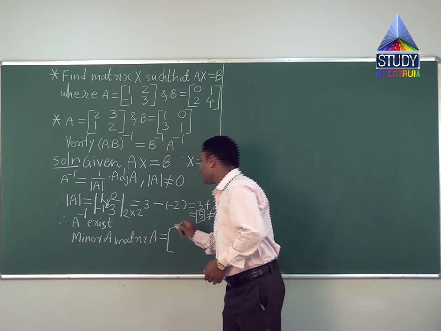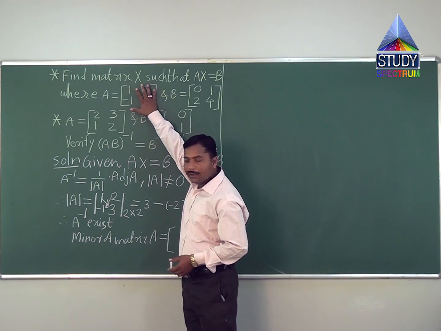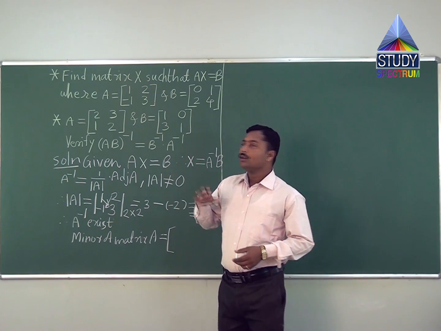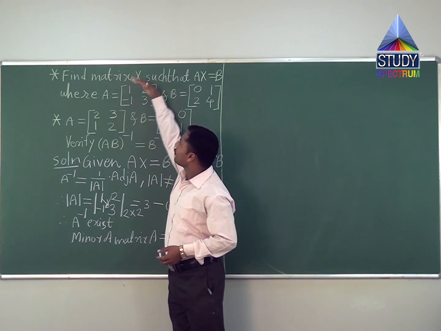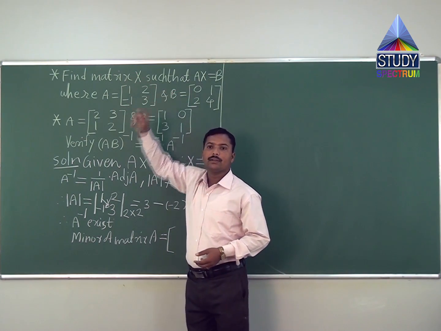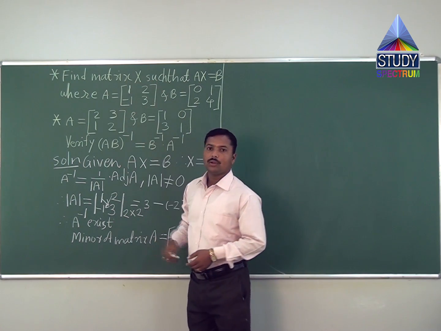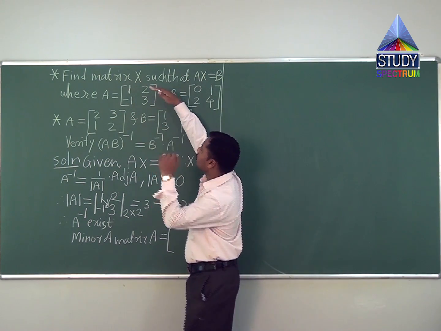So how is minor found? So here is the given matrix A. Minor is nothing but the determinant obtained by deleting the column and row passing through that number. So here 1, we delete the row and column passing through this number 1.